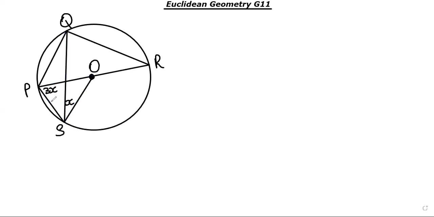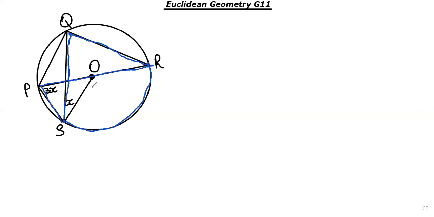So the first question for us, which is for 2 marks, is to determine the size of angle SQR in terms of x. In order for us to find the size of angle SQR, we realize that this arc RS subtends angle OPS, and the very same arc subtends angle SQR.